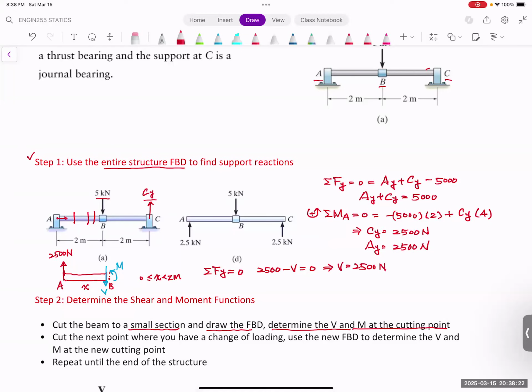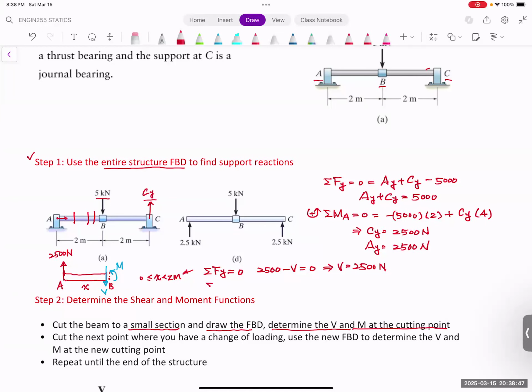Now it doesn't matter what X that is, as long as the X is between 0 and 2 meters, this V is going to be the same value. You can assume X is 1 meter, then your V will be 2,500. You can assume X is 1.5 meter, it's going to be the same.